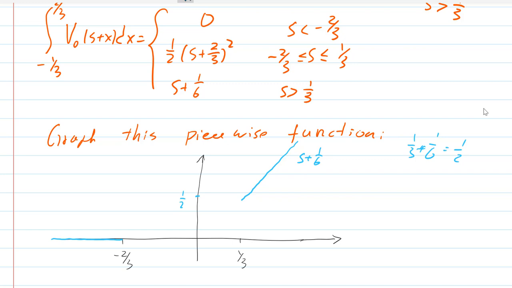So what's in between? We have this quadratic function. It's a parabola. But if you look at the value, if s is negative 2/3, the value over here is 0. So if you look at s is 1/3, the value for the middle one is exactly 1/2. So what do we have over here? In fact, it is a parabola that actually connects these 2 straight pieces. Okay, so this is the second part of the function.